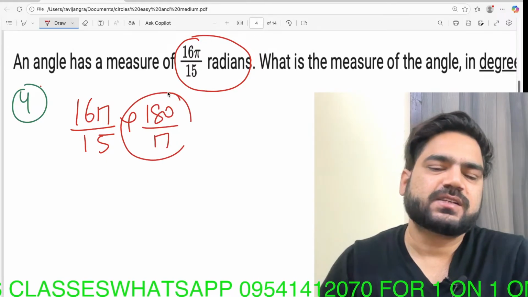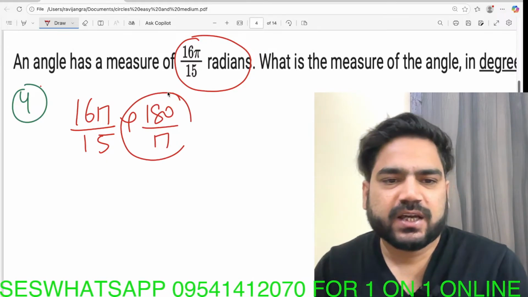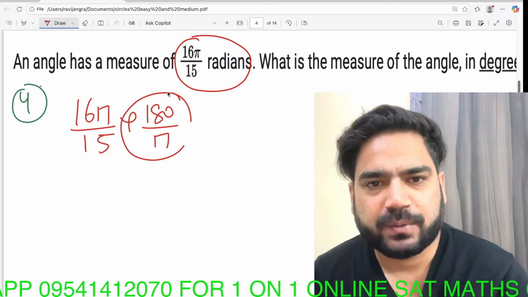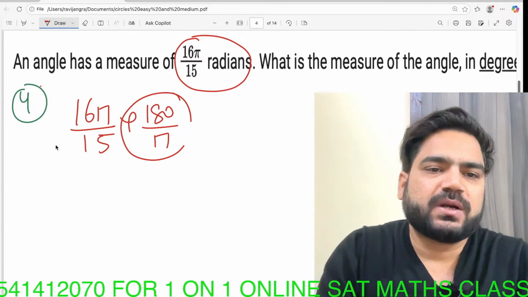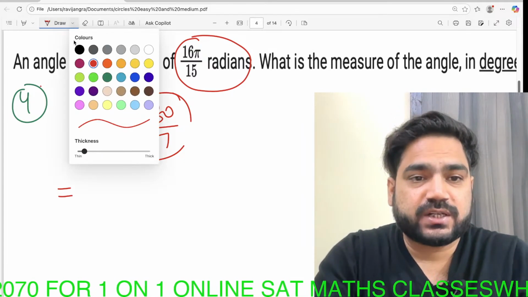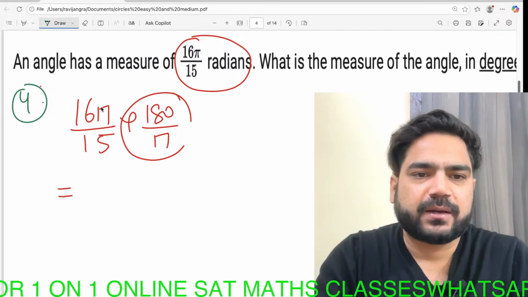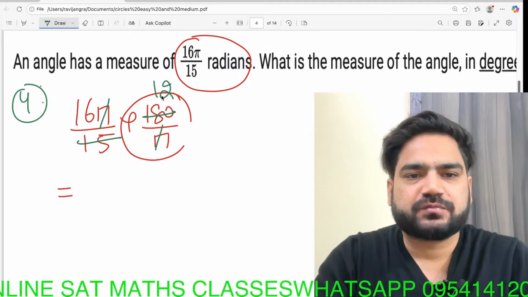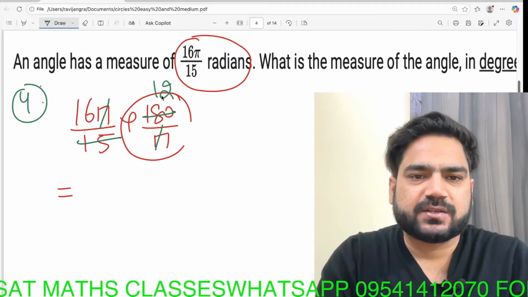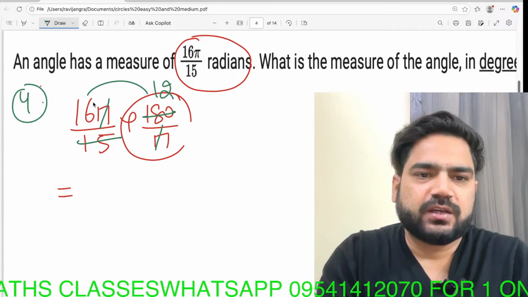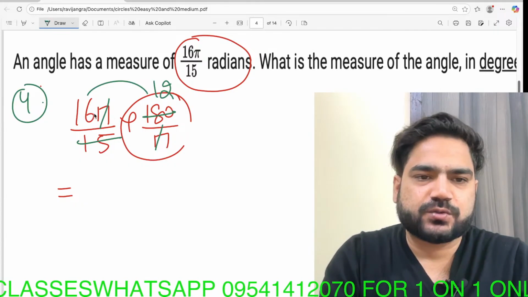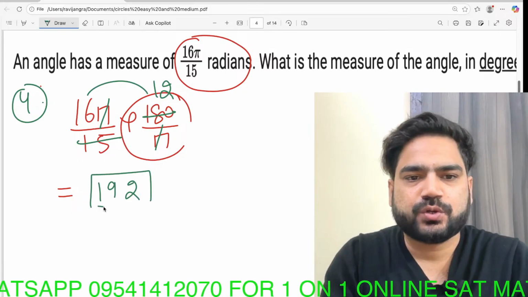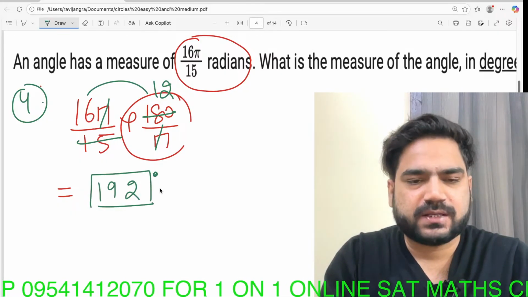Whenever they say to convert this angle into degrees, you very easily multiply the radian angle by 180 by pi, and then you can find the answer. So if you multiply this by 180 by pi to convert it into degrees, pi cancels out, 15 will cancel into 180 giving 12. By practice you can remember all these things. And if you multiply 16 and 12, 16 twos are 32, so 3 will be left, and 192. So 192 degrees is the answer.